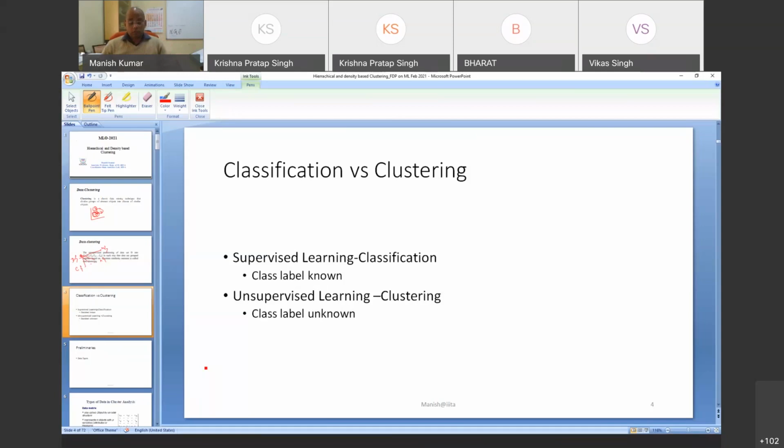That means classes are not known to you. Classification talks about classes being known and data being given, then how the mapping happens. The set of rules or mapping criteria is the task of the classification algorithm.